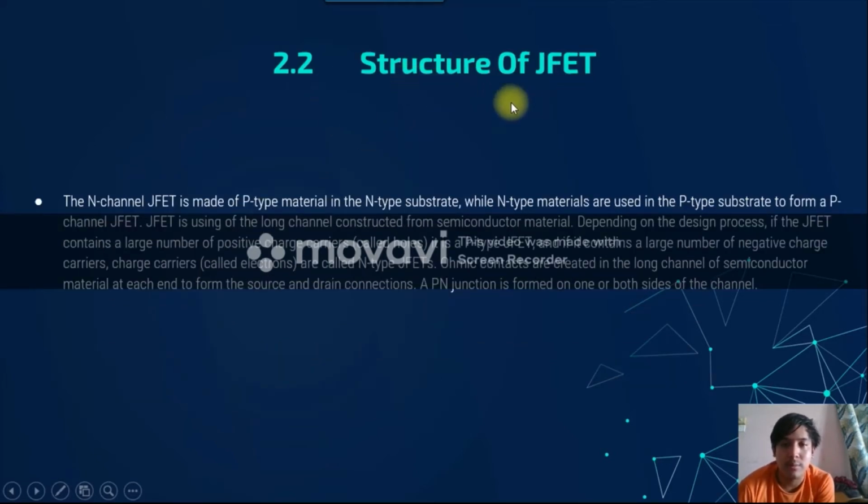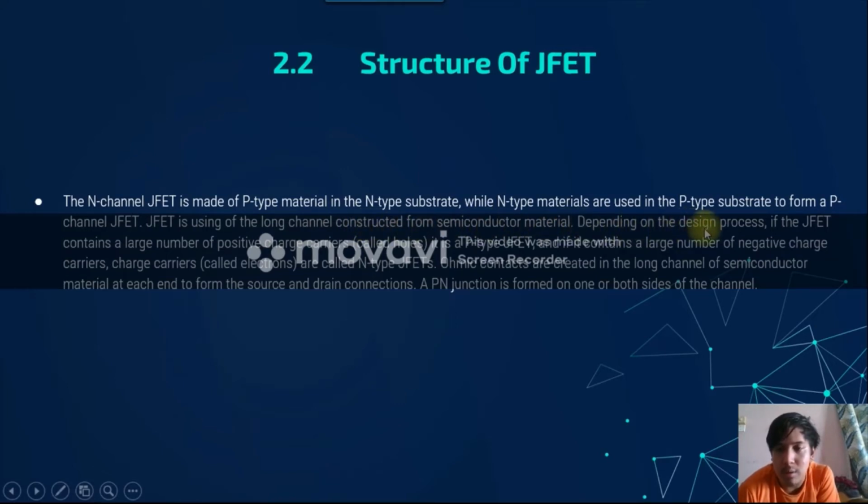Number two is structure of JFET. The N-channel JFET is made of P-type material in the N-type substrate, while N-type material is used in the P-type substrate to form a P-channel JFET. JFET uses a long channel constructed from semiconductor material.